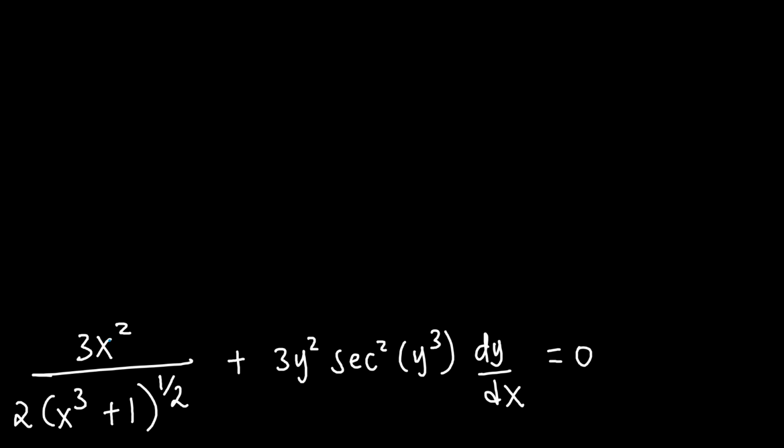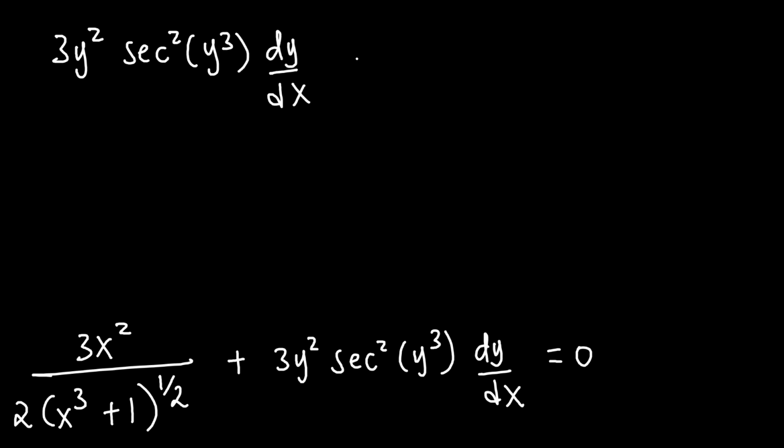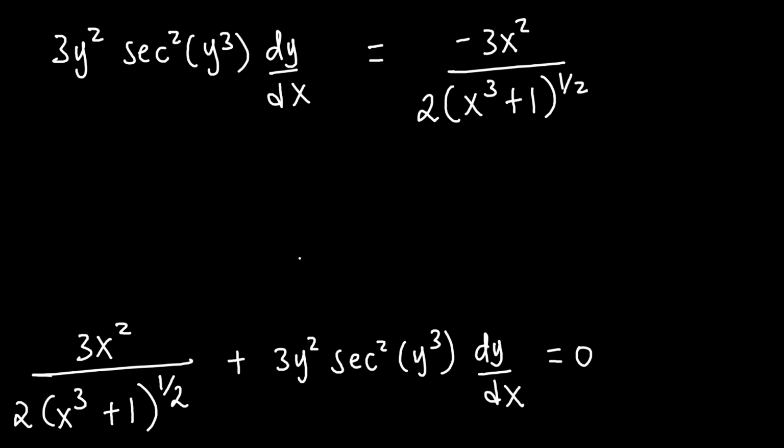And at this point, we can take this to the right hand side. So we shall have 3y to the power of 2 times secant squared y to the power of 3 times dy divided by dx equaling negative 3x to the power of 2 divided by 2 times x to the power of 3 plus 1 raised to the power of 1 over 2.